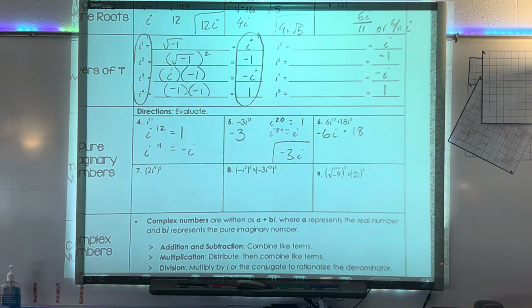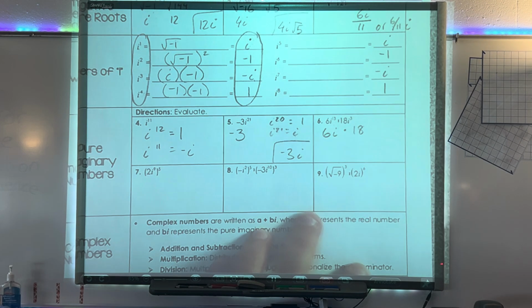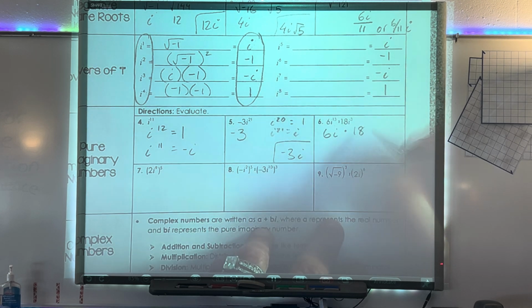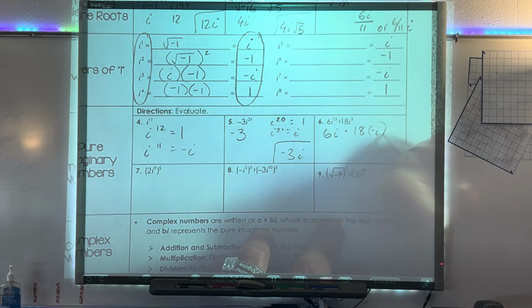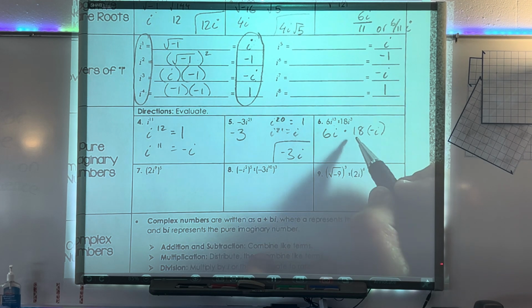Well, the 3rd is here. Where does the negative 6 come from? Isn't it negative 6? Oh, it's not negative, sorry. It's positive 6. I don't know why I just decided it was negative. Sorry about that. So then i to the 3rd there would be a negative i, or the same thing as negative 18i. Are y'all okay there?